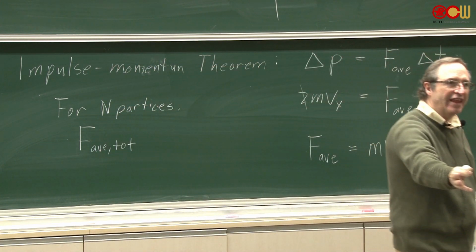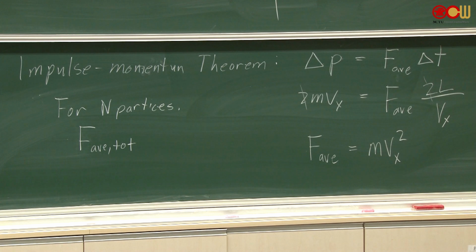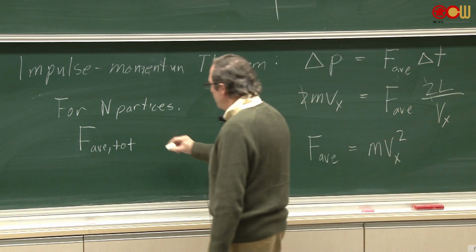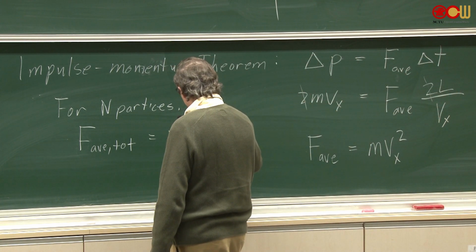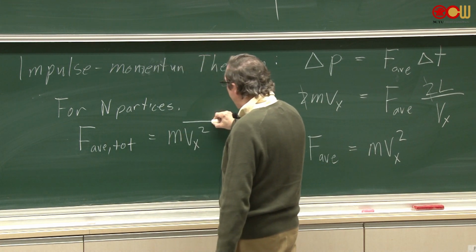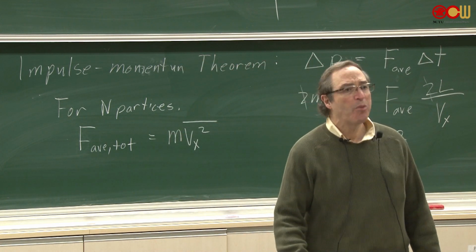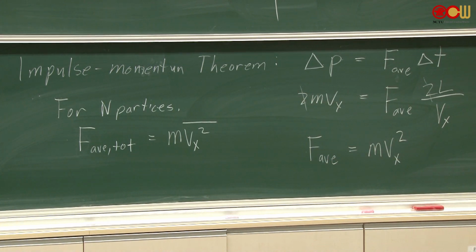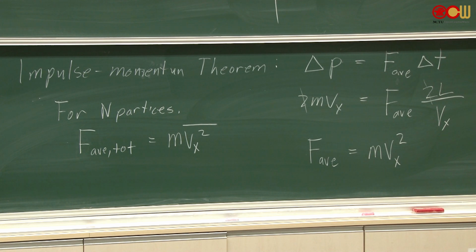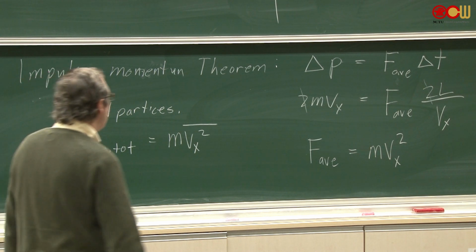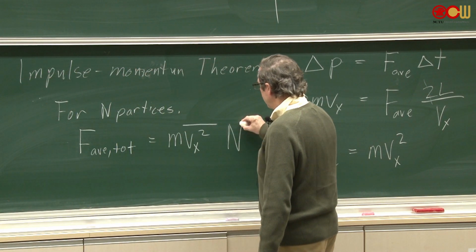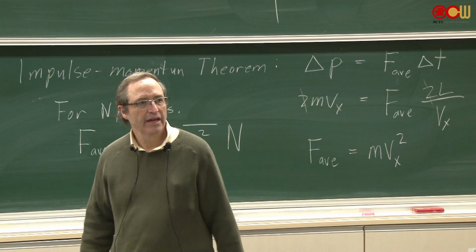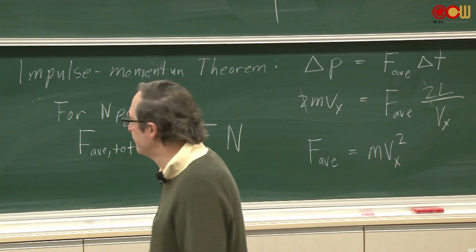The net force on that wall due to all the particles is going to equal m Vx squared, and I have to put an average over it, because not every particle is going to have the same x velocity. Some will be slower than others. But on average, I can do that. And then I can multiply by n. Everybody good with that?